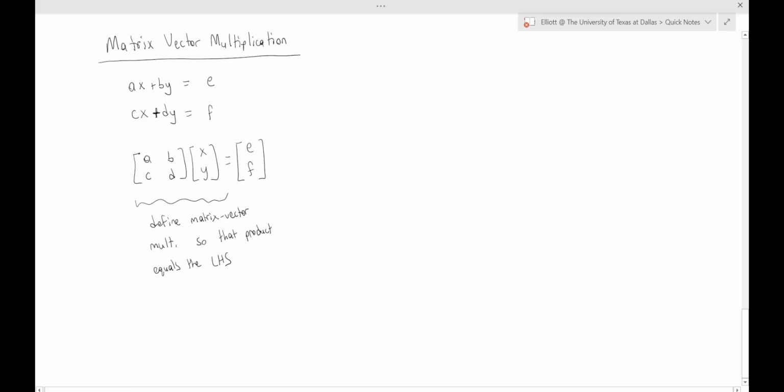Now, when we were looking at the column picture earlier, remember how we managed to rewrite the left-hand side as a combination of the columns AC and BD.